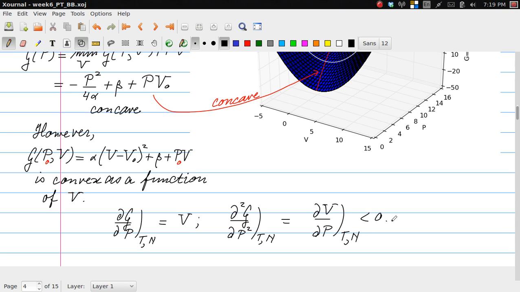And that makes sense. If we increase the pressure, the volume goes down, so dV is opposite to dP, and it is therefore very natural that this quantity, which is related to the compressibility, is negative. Compressibility is always negative.